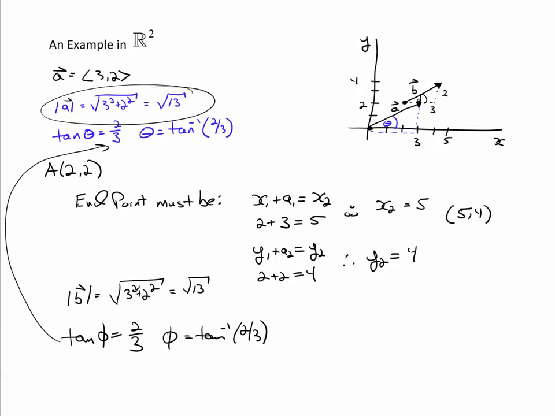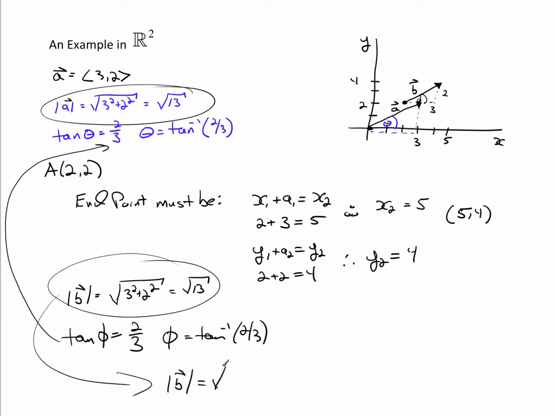Now here, just so you don't think I cheated, I just put 2 and 3 in there. I can look at the magnitude of B as being the square root of my x's, the distance between 5 and 2, so that's 5 minus 2, x2 minus x1, squared, plus the difference in y's, which is 4 minus 2, squared.